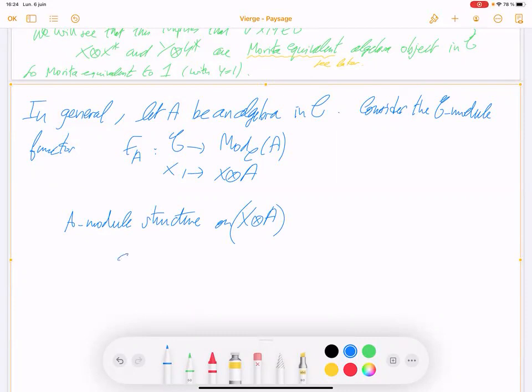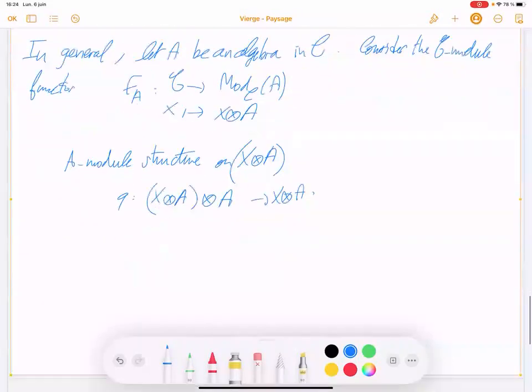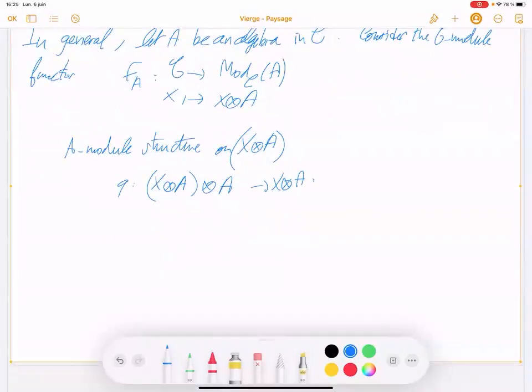So Q, X tensor A to X tensor A, and we write as follows. We decompose it like that. So it's this composition.